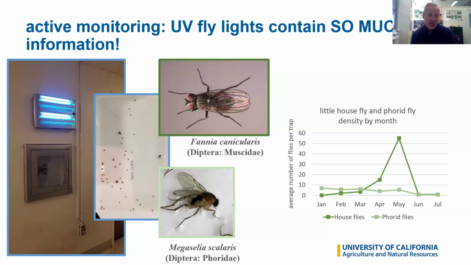They may be associated with food preparation. They're eating decomposing organic sludge. And in this case, they were breeding inside the garbage chute of the hospital. And so once we identified that fly species, we were able to pinpoint the larval breeding site and eliminate that population.